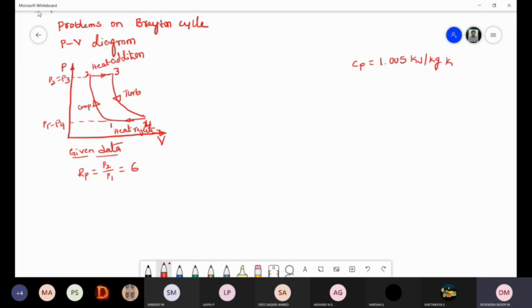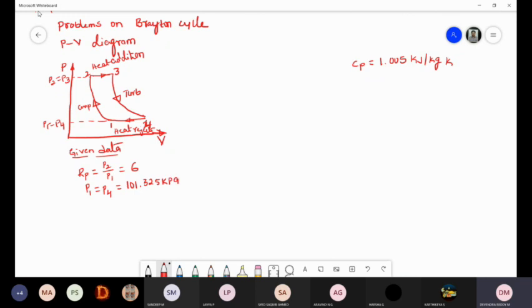What is the meaning of that? Whether it is P1 or P2? P1, sir, because it is the entry. This is P1. We know P1 is equal to P4. So that is 101.325 kilopascals.